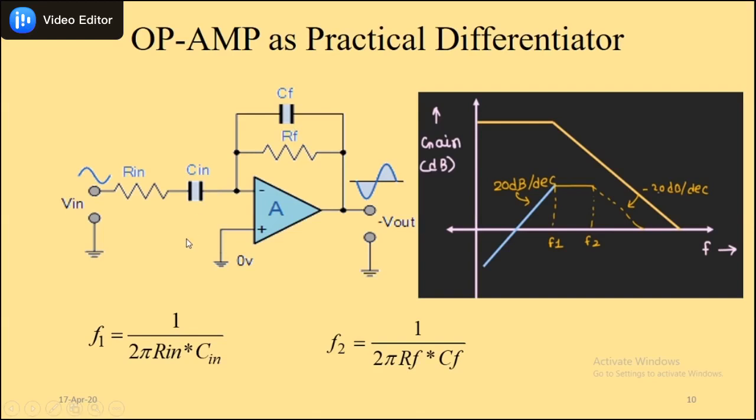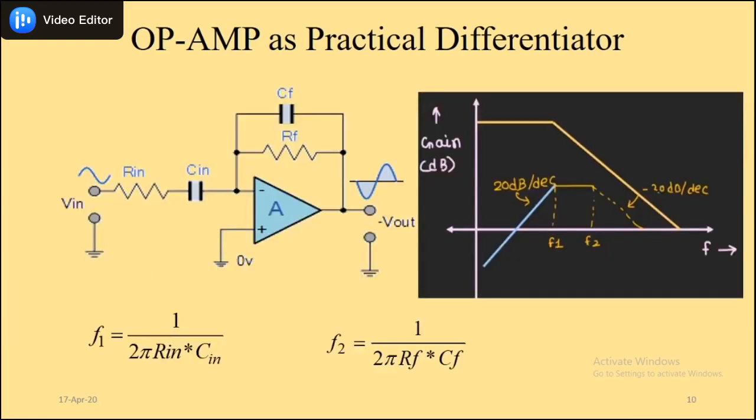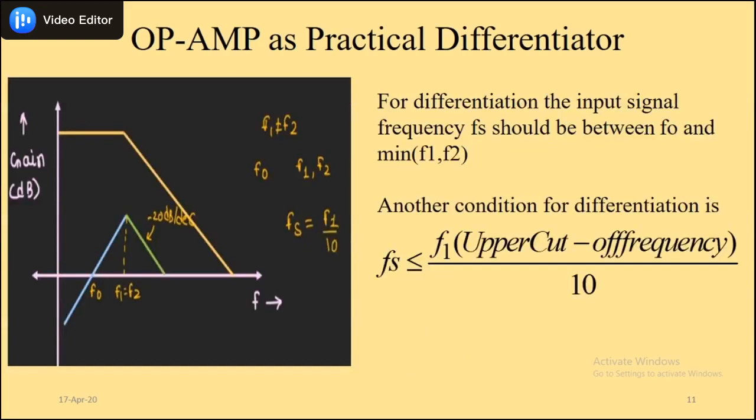There are certain conditions on these two values. In most practical circuits, you will see that RfCf is generally equal to RnCin. In this slide, for the previous slide this F1 was not equal to F2, but here I am making F1 equal to F2.